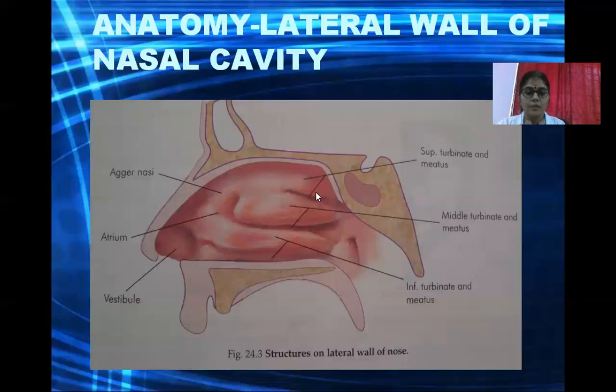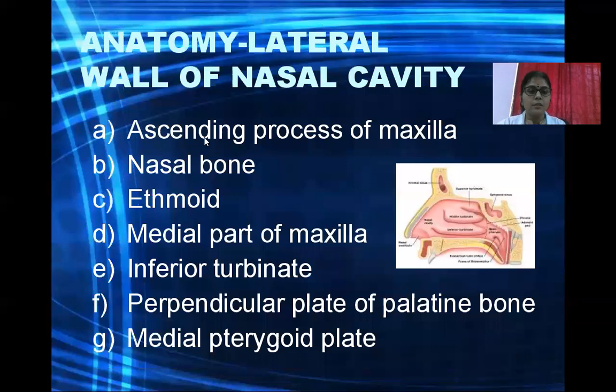Now coming to another important part, the lateral wall of the nasal cavity. What are the structures forming the lateral wall of the nasal cavity? Again, it's an osteocartilaginous framework, wherein most of the portion is formed by the bony part.